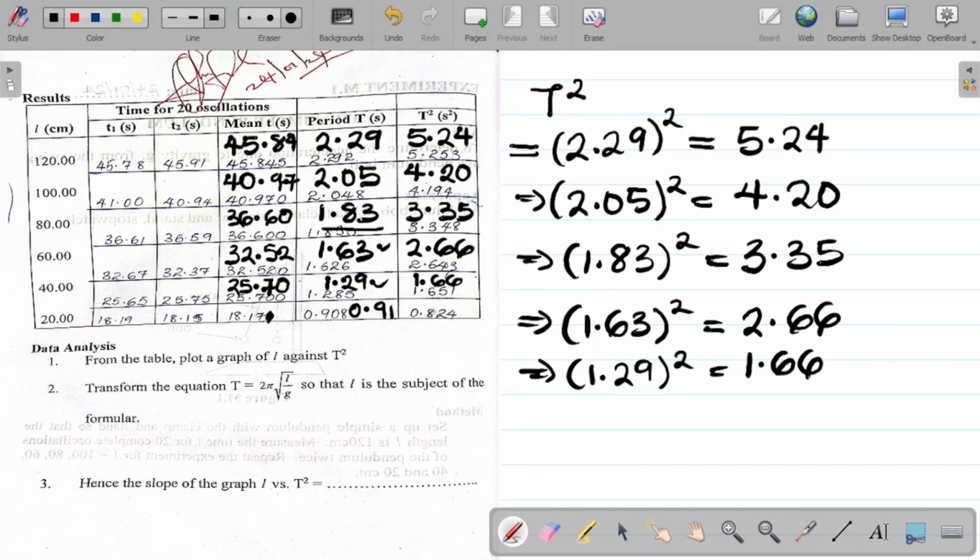Let me write it out. 0.91 all squared is about 0.83 in two decimal places. So I have 0.83.